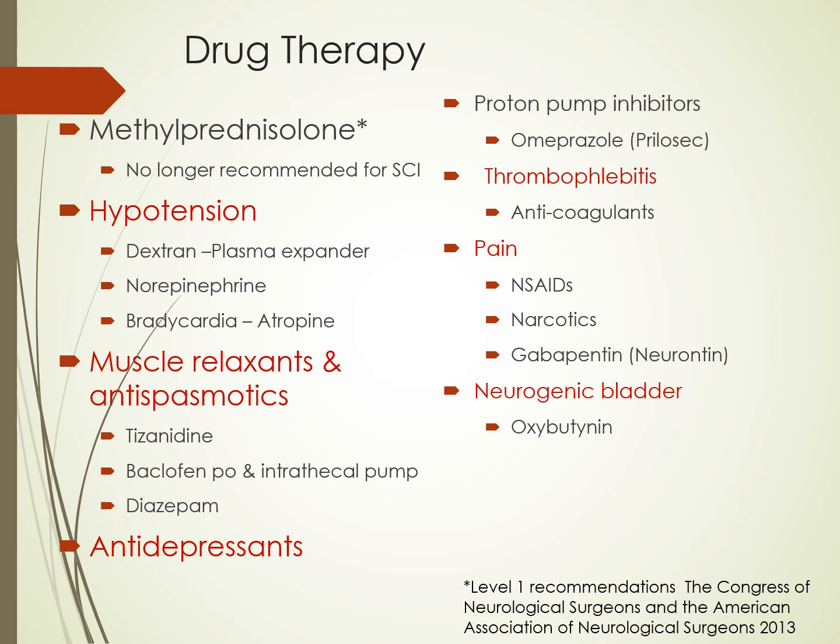Proton pump inhibitors, because of increased acid and chances of ulcers and GI bleeds. We went over anticoagulants. We're looking also at pain, NSAIDs, really trying to decrease narcotics. Gabapentin may be used for pain and for neuropathic pain. Sometimes people still have pain in their extremities, although they're paralyzed there. Then, of course, for neurogenic bladder, oxybutynin.